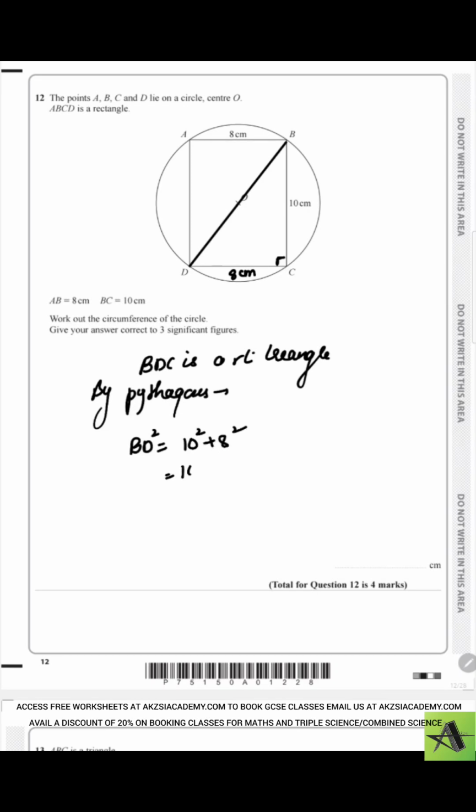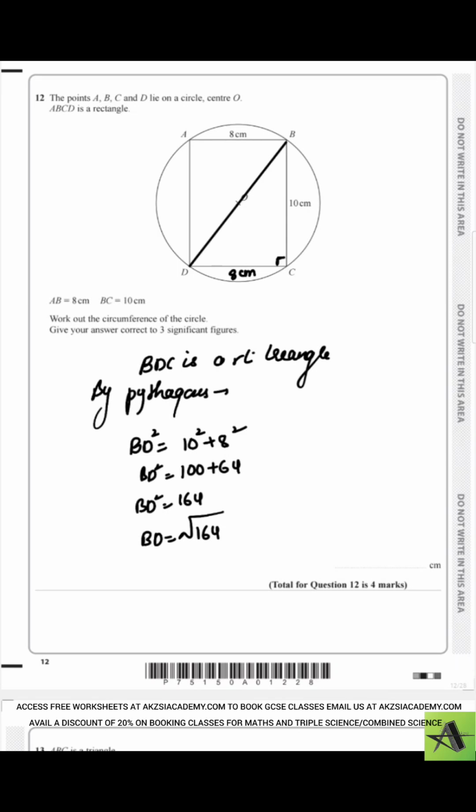This is 100 plus 64. So BD squared is 164 and BD is root of 164. This whole BD is root of 164. So this is the diameter of the circle, not the radius.